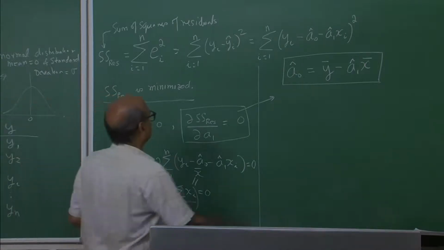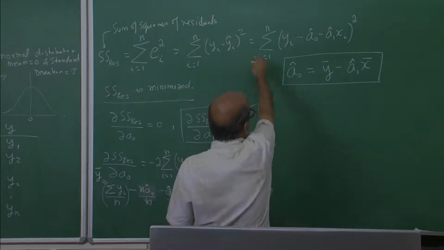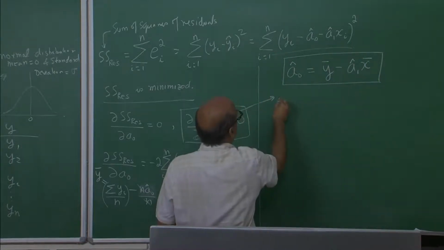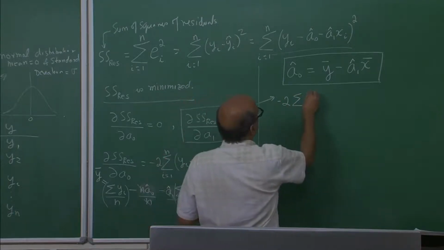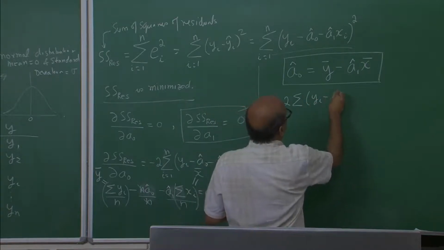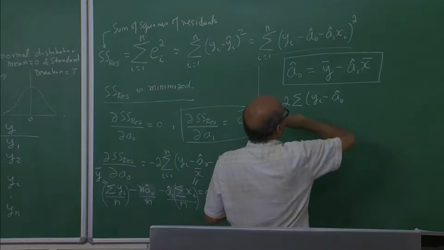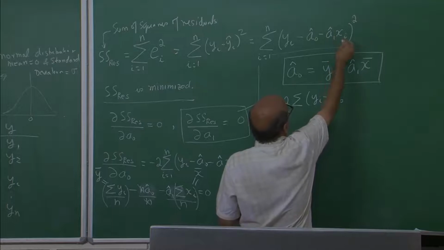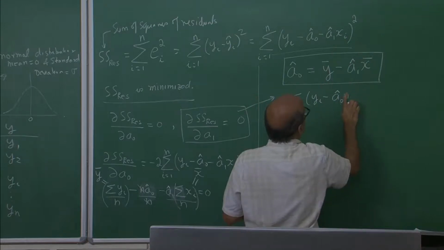When I do this, I differentiate again, but this time with respect to A1 cap, and I will get the following result: minus 2 summation yi minus A naught cap. This minus is coming from when I differentiate a1 cap, but I will be left with minus xi. So, minus can come out of the summation, but xi will remain in the summation, as you will see.